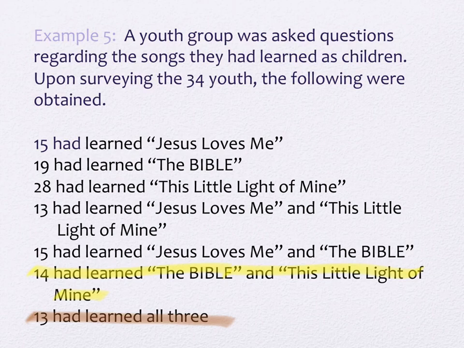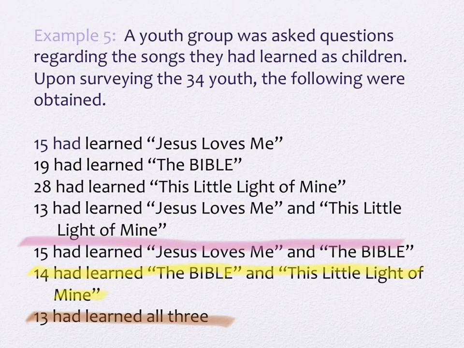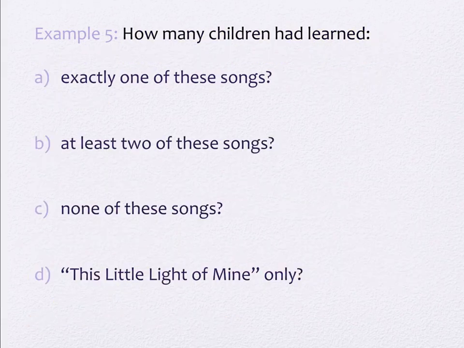Next one up. All right, 15 had learned Jesus Loves Me and the B-I-B-L-E. That's this piece. Total of 15 means I'm missing 2 to put right there. Next one up. 13, Jesus Loves Me and This Little Light of Mine.